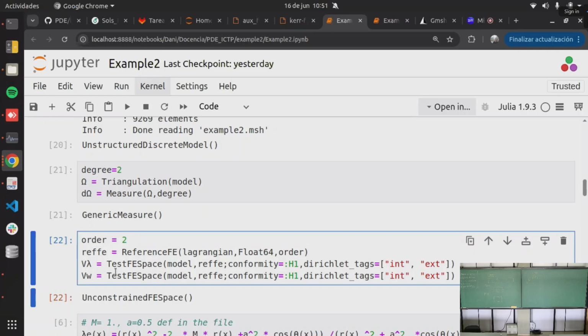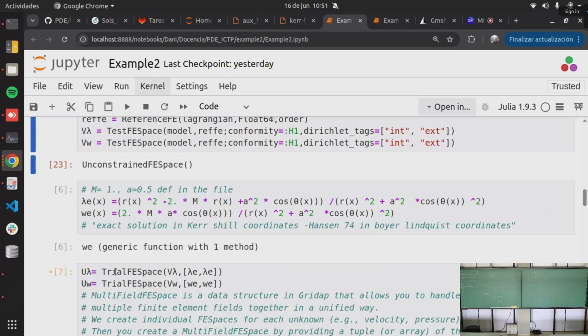So in the test space, we have to be consistent with that. And in this case, we have the exact solution, so we can perform an exact error.